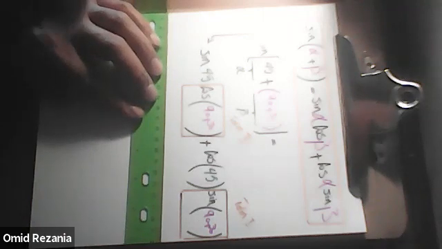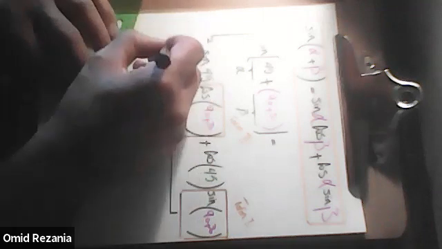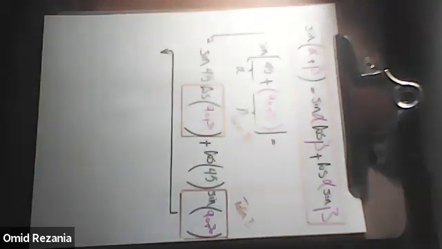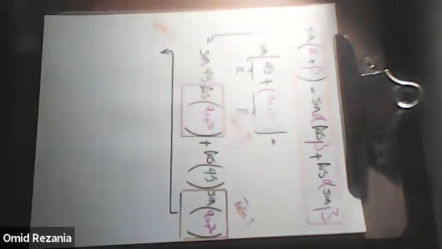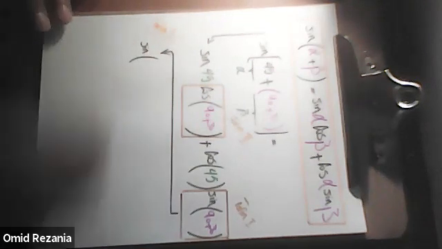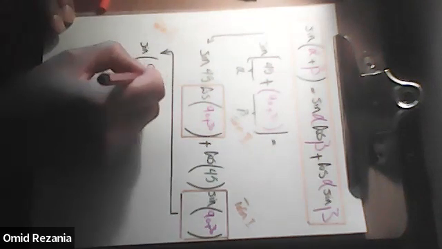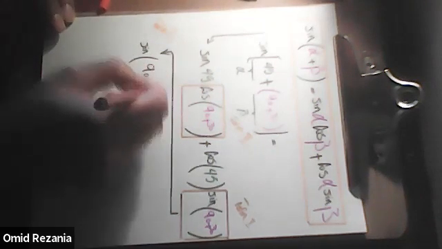I'm going to start with term number 1. I'm going to come here and it starts from here. And I say term number 1, I have sine of 90 plus 30, correct?